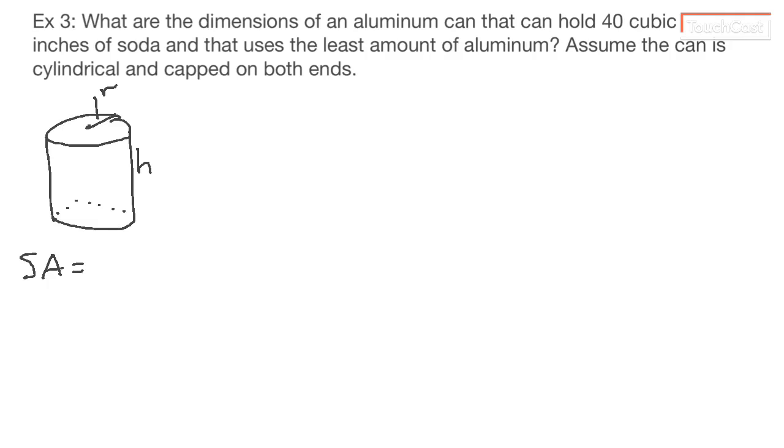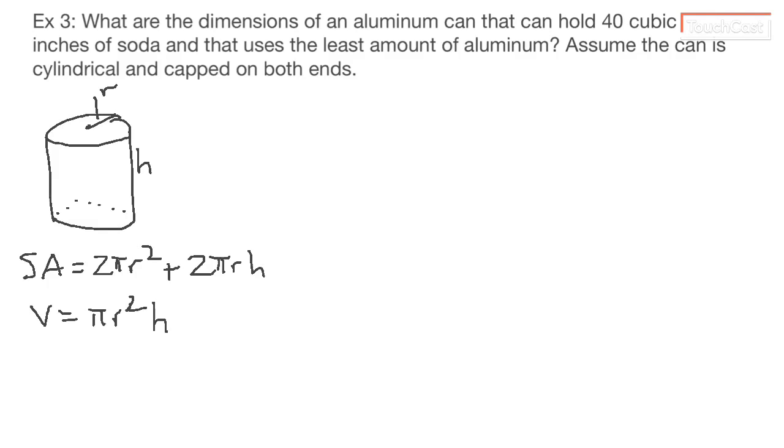That formula is 2 pi r squared. That part represents the area of the bases, plus 2 pi r times h. That represents the area of the rectangle that goes around the cylinder. The 2 pi r portion of that is the circumference of the circle. Also recall that the volume of a cylinder is found by taking pi r squared, the area of the base, and multiplying it by the height.